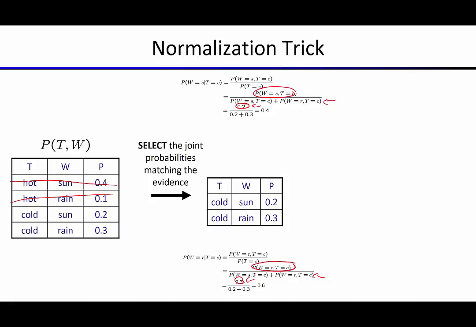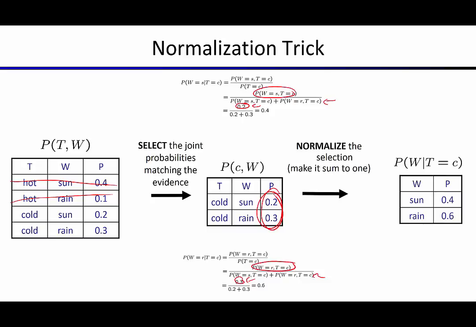Then all we need to do is compute the denominator, which we know actually corresponds to the sum of these two entries. That is the probability of cold. That's what we have to divide by. And so we can just select the rows that are consistent with the evidence, then look at the numbers here, compute their sum, divide by that sum, and we get our conditional distribution. So mechanically, this is very, very simple to do when you go from a joint distribution to a conditional distribution.